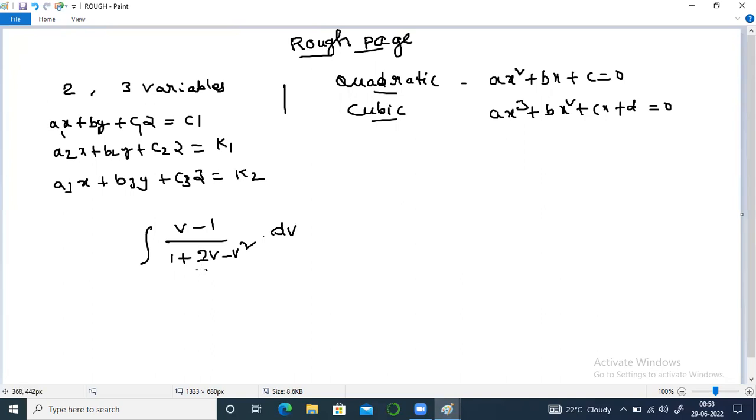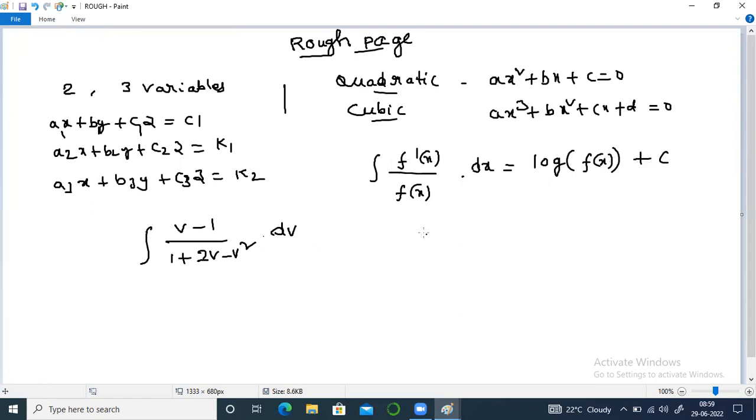See, take the f dash x by f of x formula. You know that the integration of f dash x, which means the differentiation of f of x, with f of x at the bottom, dx, is log f of x plus c.